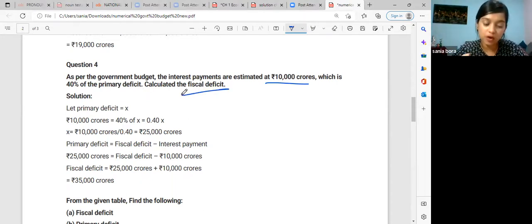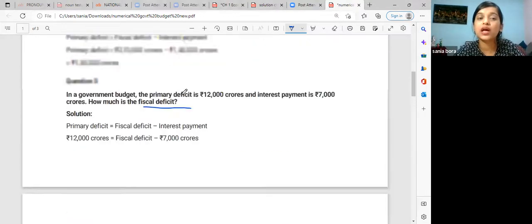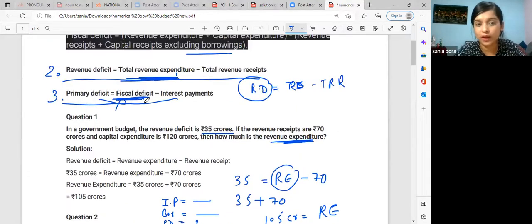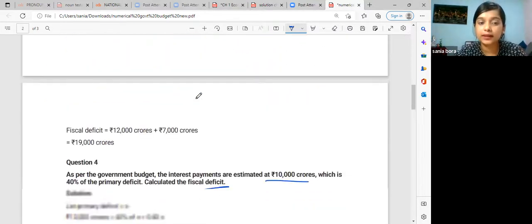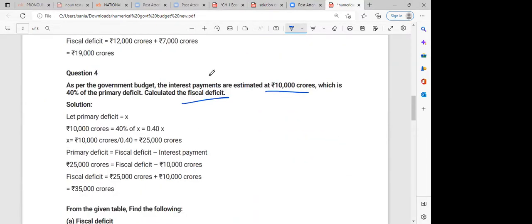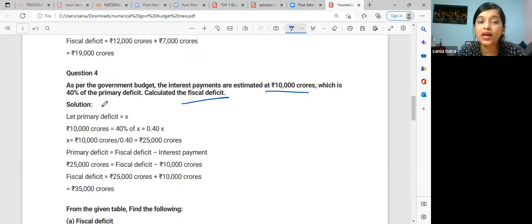If I ask you which formula you are going to use, definitely you will answer, ma'am, I'm going to use this formula, right? But over here, IP is given, but it is mentioned that it is this much percentage of your primary deficit. Clear? IP is given, but they told you that it is 40% of the primary deficit.